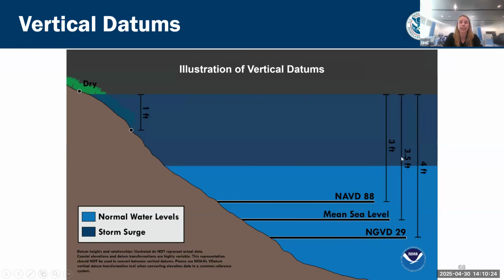Well, it's 3.5 feet above mean sea level. And so that is the exact same water level. We haven't changed anything about it, but it is described in a different way because we are using a different reference level or a different vertical datum. Another one that you may have heard of is NAVD 88, the North American Vertical Datum of 1988. The same water level could be described differently, being 3 feet above NAVD 88.